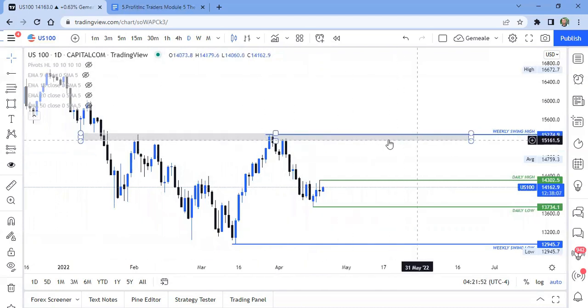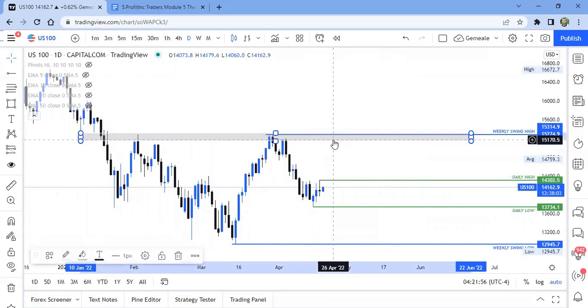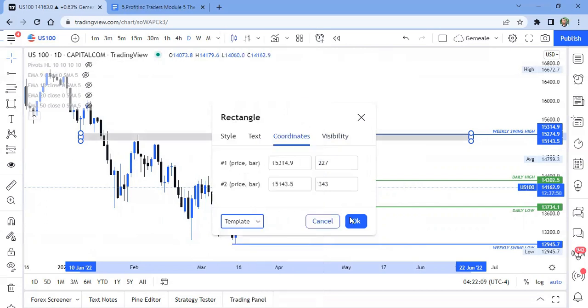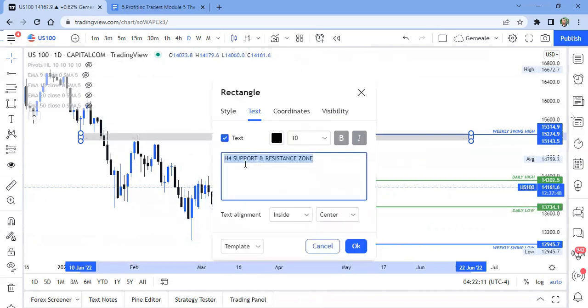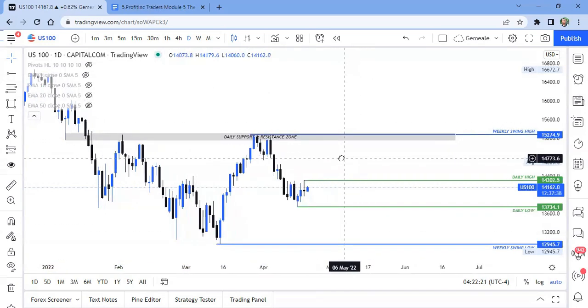So we can see that this is a valid zone of resistance. We'll label that there. We'll call this our daily SNR level. We'll just change that there to daily. So we've got that zone there for us.